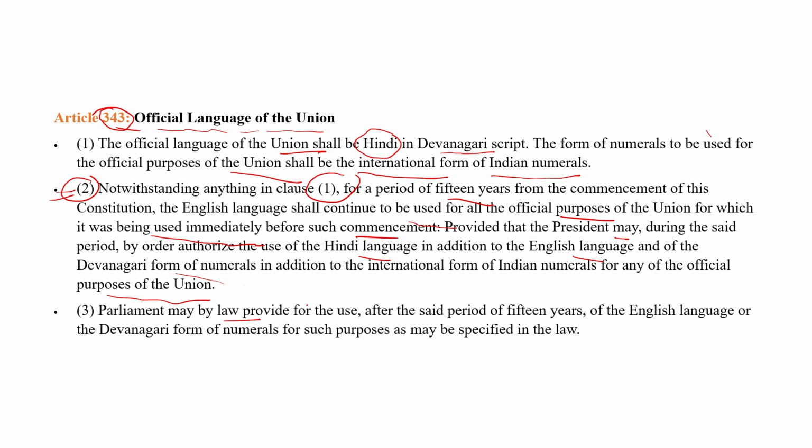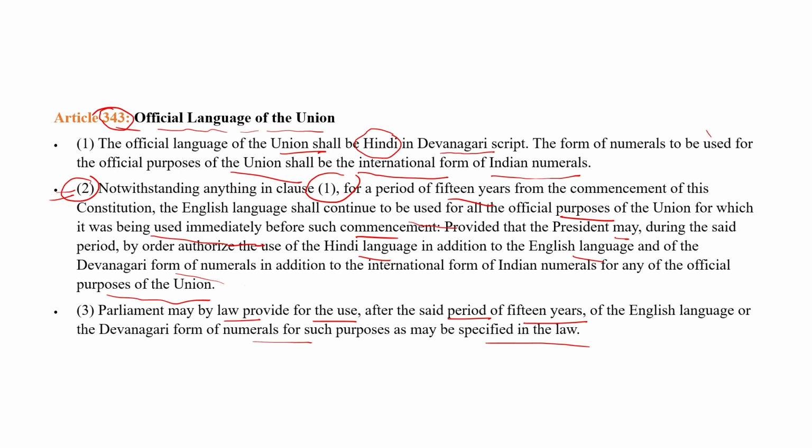Parliament may by law provide for the use, after the said period of 15 years, of the English language or the Devanagari form of numerals for such purpose as may be specified in the law. Means after 15 years, Parliament can make a law through which Parliament can remove Hindi or continue English, or remove English and continue Hindi as the official language according to the situation.